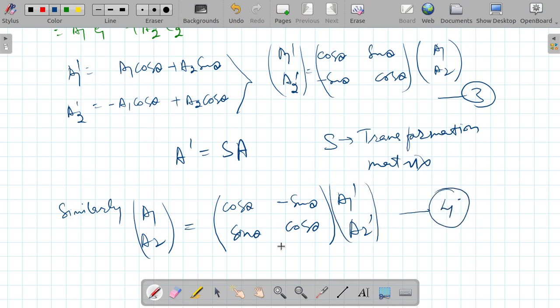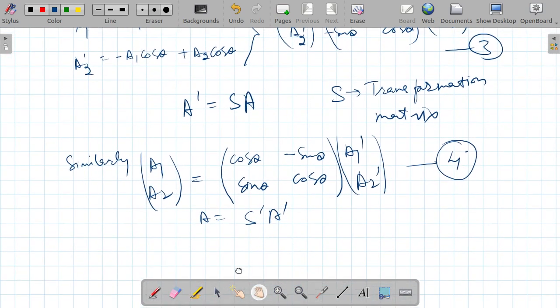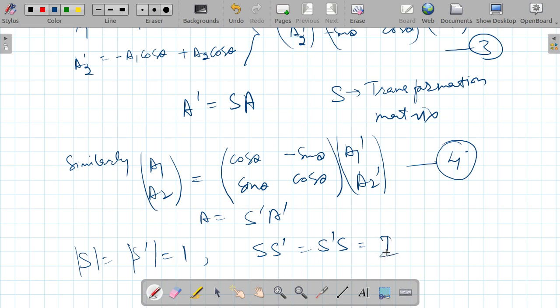Let me call it equation number 4, or A is equal to S prime A prime, where the determinant of S and the determinant of S prime are both equal to 1, and the product of S and S prime is equal to S prime and S, and it is always equal to an identity matrix.